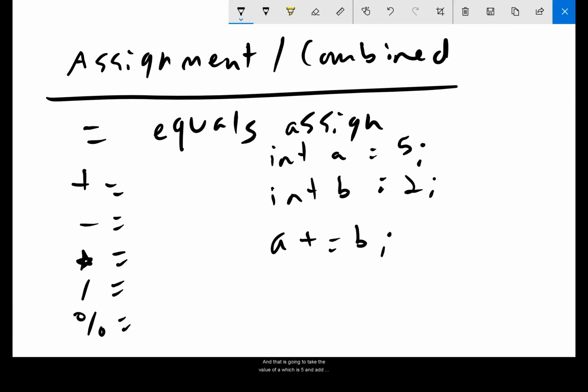And that is going to take the value of a, which is 5, and add 2 to it, and it's going to reassign it in here, and a is going to equal 7.